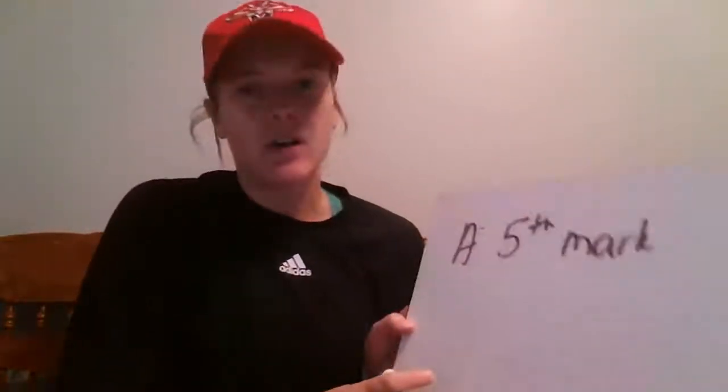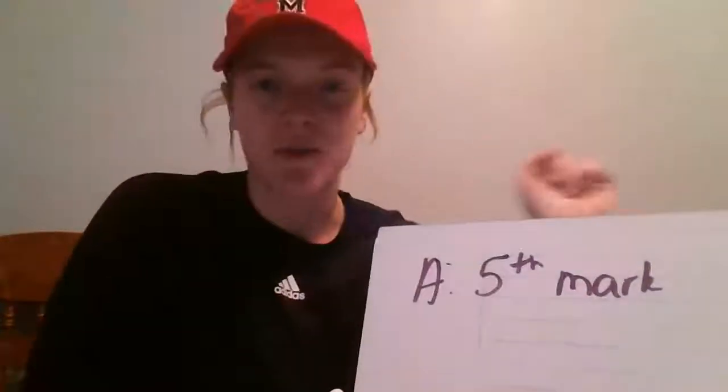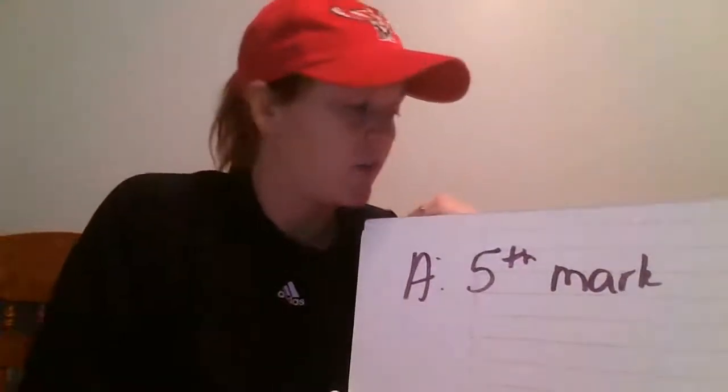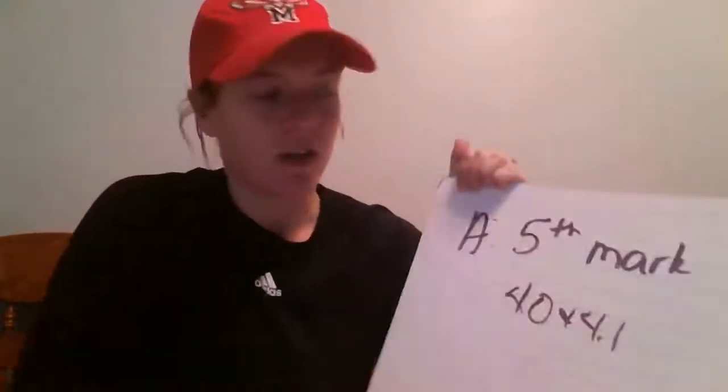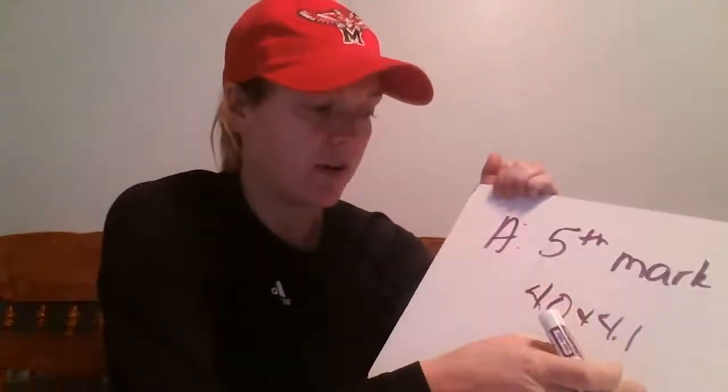If it was a ruler and it fell on the 5th one, it would be half, right? So we need to find what is halfway between 4.0 and 4.1. We can't go from 0 to 1, so we're going to have to go into our hundredths place.